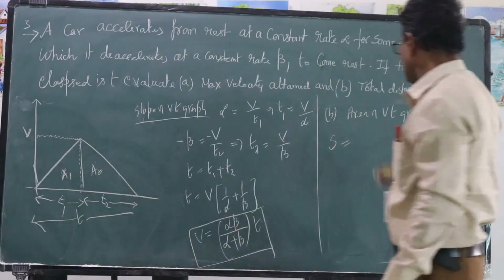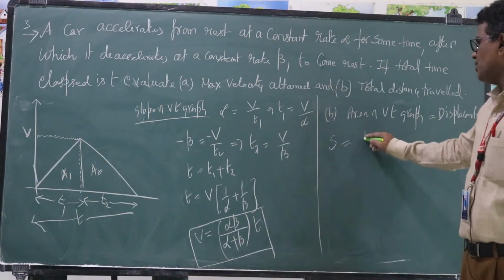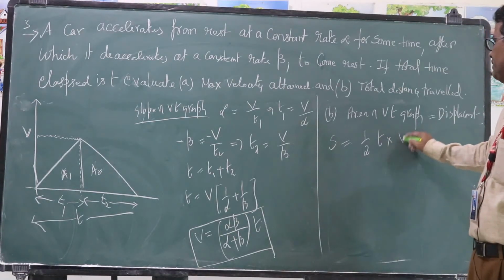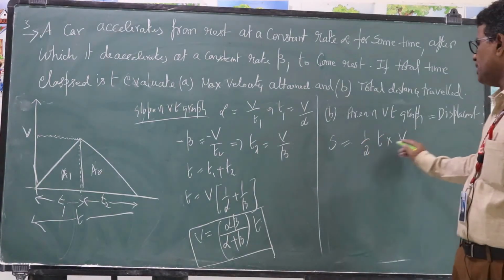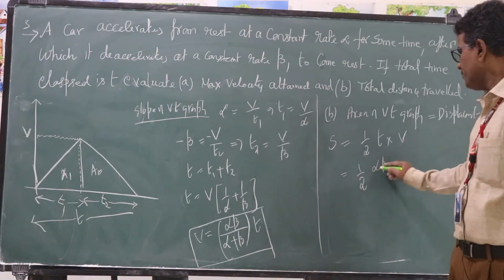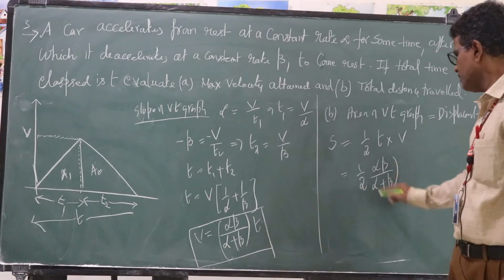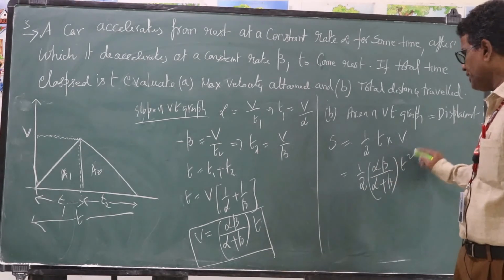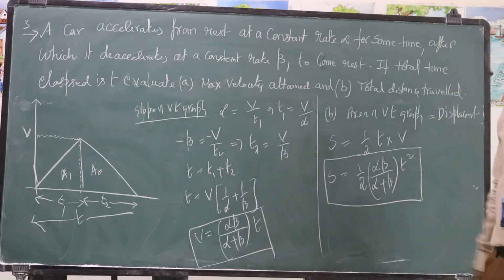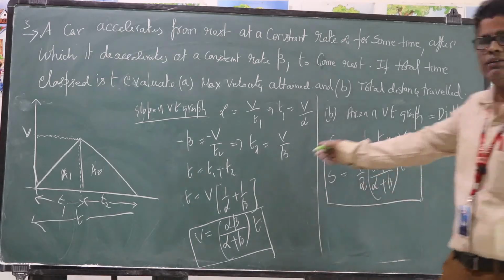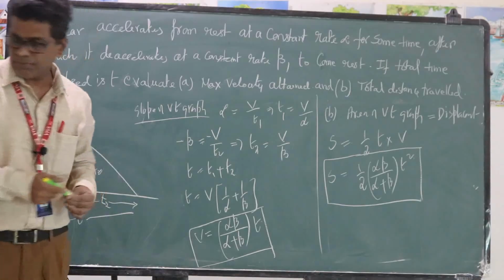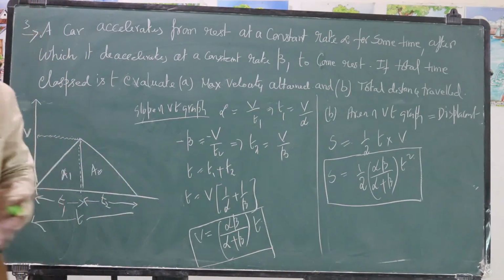Base t, height v, and v is alpha beta by alpha plus beta into t, so the area is half into alpha beta by alpha plus beta into t square. Yes, the same result we got from the graph. Okay, this is the graphical solution. We can do it like this also. Take this one. Next problem.